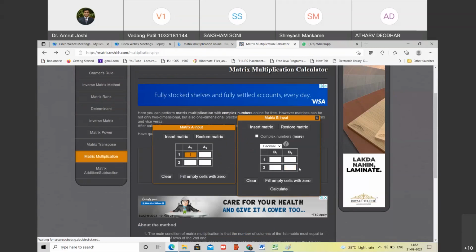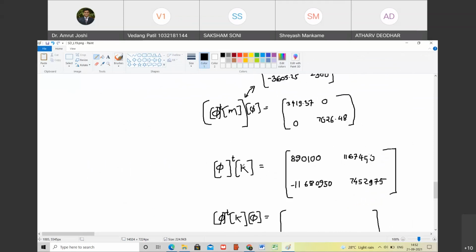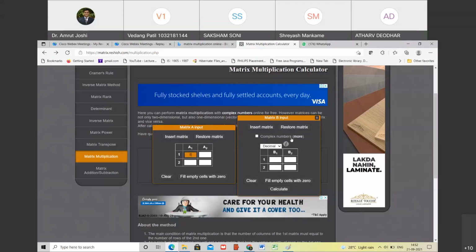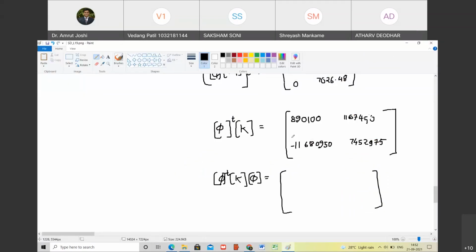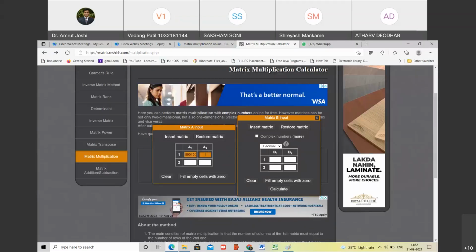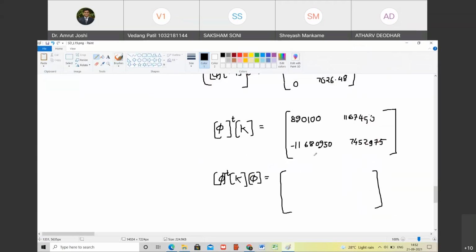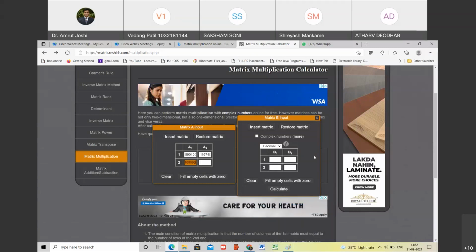So tell me this first value, phi transpose. We found out phi transpose K, now multiply it by phi. 890100. Then 1167450. Then minus 1168, 0, 950.